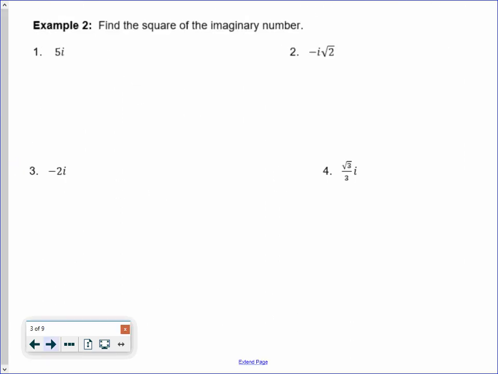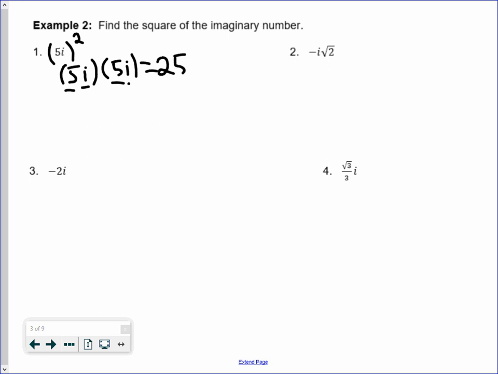All right, so here we're told to find the square of the imaginary number. When we say find the square of an imaginary number, or the square of anything, we mean raise it to the second power. So in this case, we have 5i. We're going to multiply that with 5i as well. Remember, when you're squaring anything, you're multiplying it with itself. We multiply coefficient with coefficient, so 5 with 5 gives us 25.